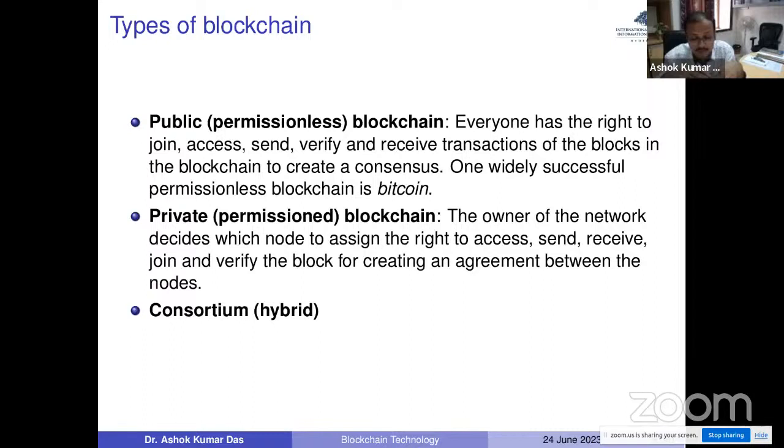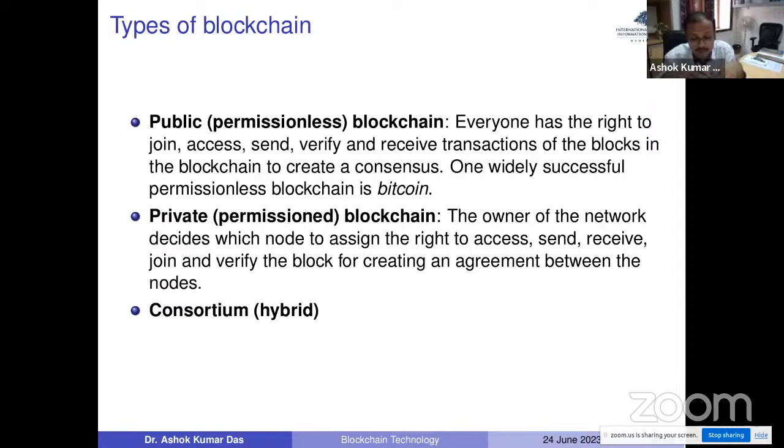One of the widely successful permissionless blockchains is known as cryptocurrency or Bitcoin. For example, in the traditional banking system, if Alice wants to send some money to Bob, Alice needs to send the money via some bank, for example SBI, HDFC, ICICI.